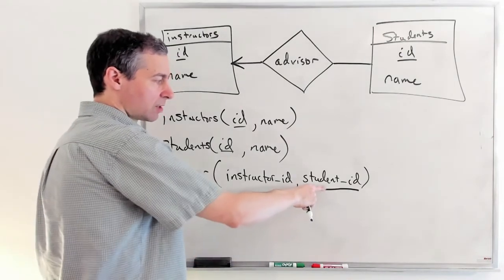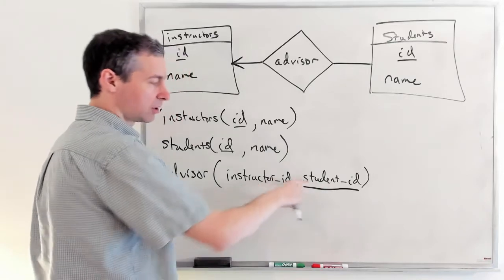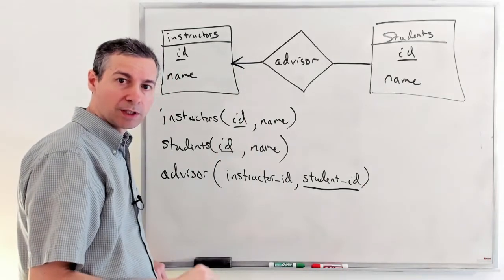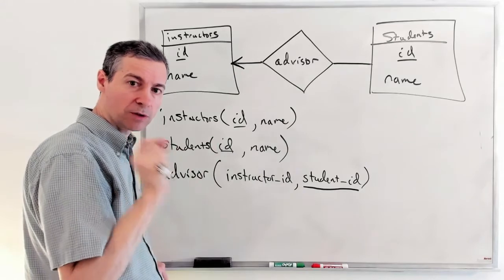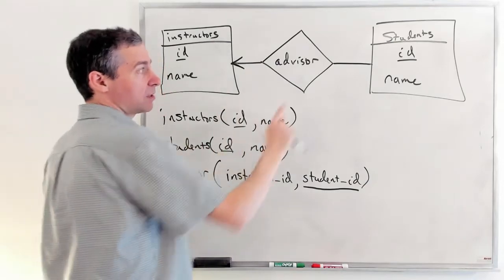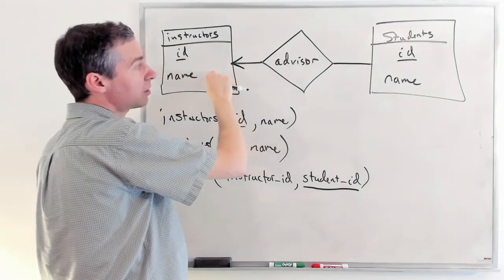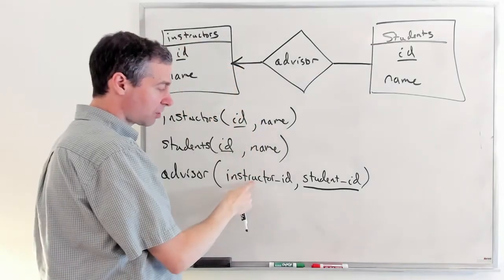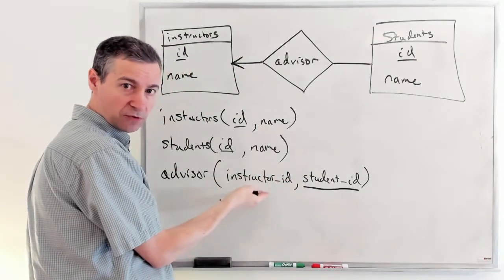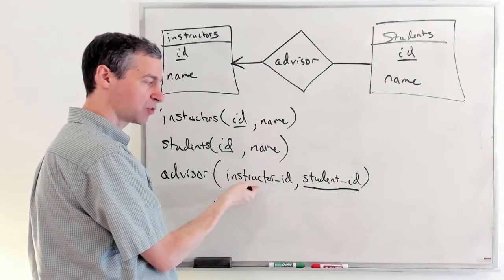It's the situation that, remember, a single student has at most one instructor. So when we think about all the rows in this table, the thing that lets us get to, and we know that we won't have any duplicates, is the student ID. Because we have a single student here goes to a single instructor, all right? But an instructor goes to lots of students. So if we tried to use this as a key, it would fail because a single instructor can have lots of students, so it cannot by itself be the primary key.